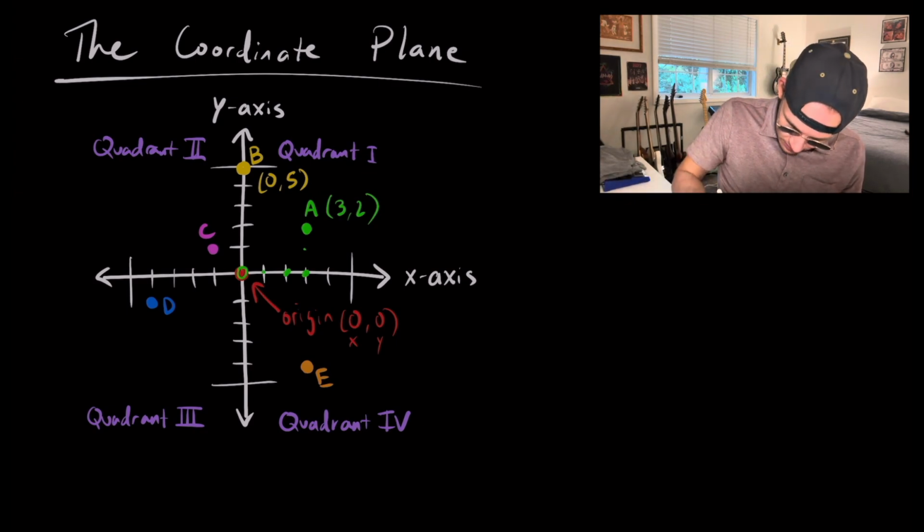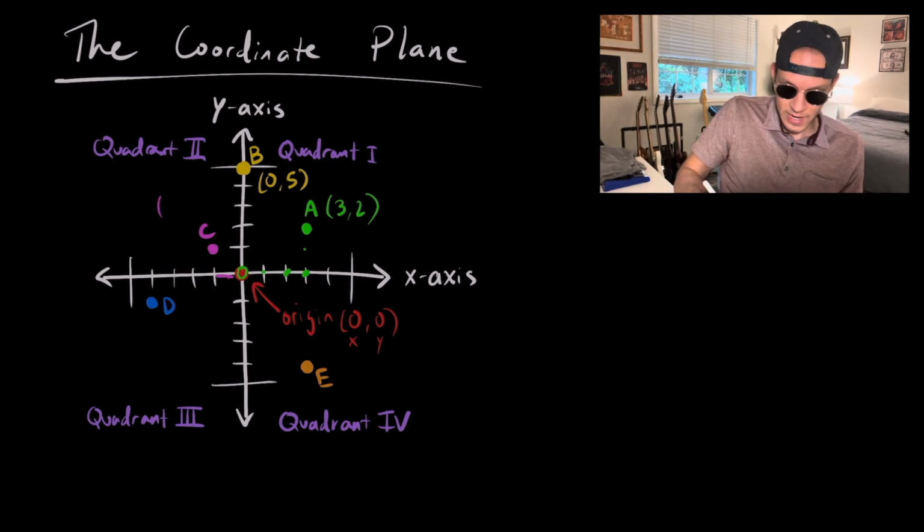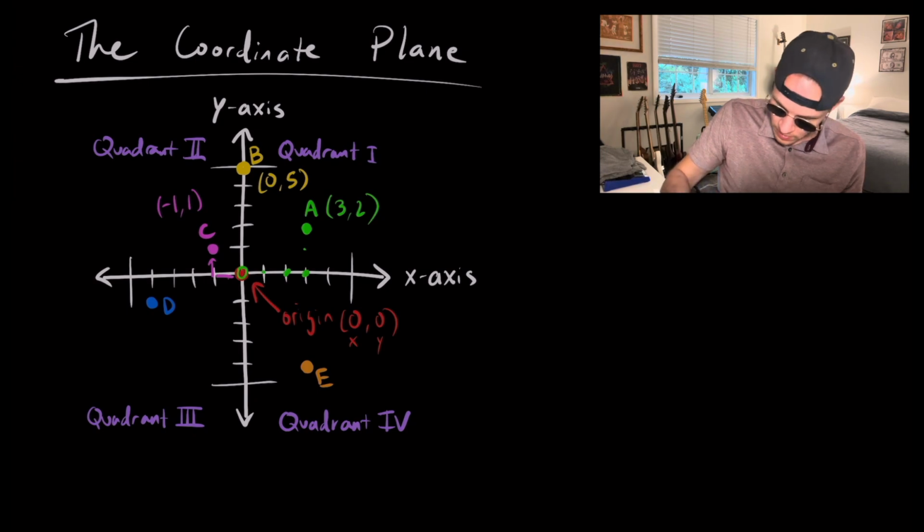All right, C, again, start at the origin, but this time we're going to go left instead of right. We're going to go left 1, and when we move left on the x-axis, it's like going in reverse, going to negative. So that's going to be -1 for the x coordinate, and then we go up 1 for the y coordinate. So -1, 1 is going to be our coordinate point there.